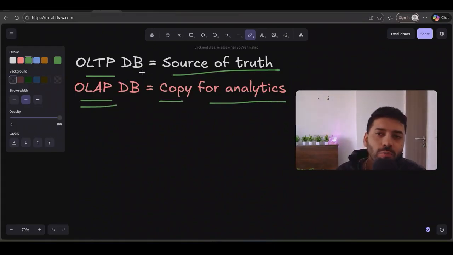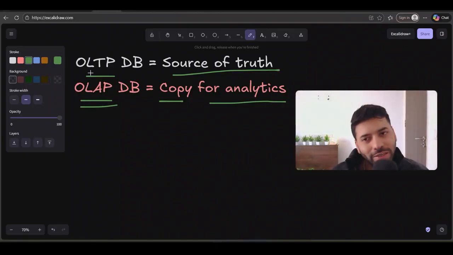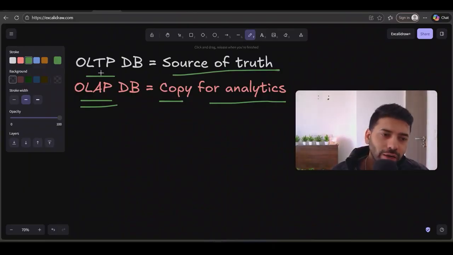You get this data from OLTP using some pipelines or some jobs or through message queue topics. Any of the medium, you get that data in OLAP as a copy, and it will be used for analytics purpose. Now, one more thing is that both OLTP and OLAP can use SQL or NoSQL database. OLTP is very clear because it is used for day-to-day transactions, and we see SQL is used.